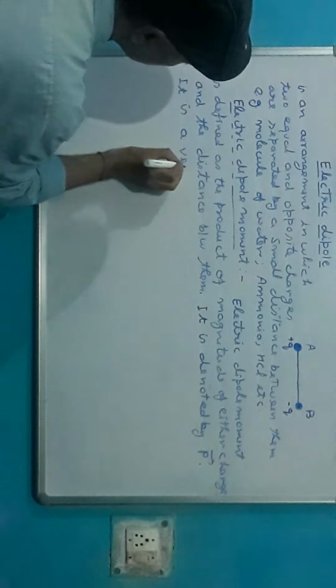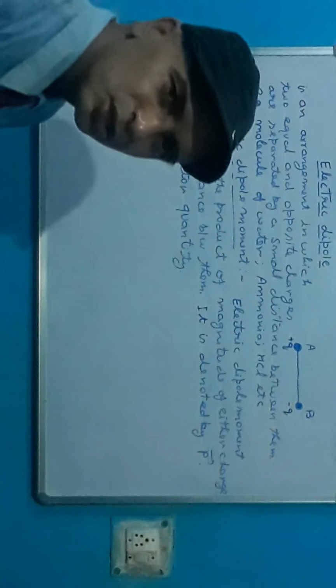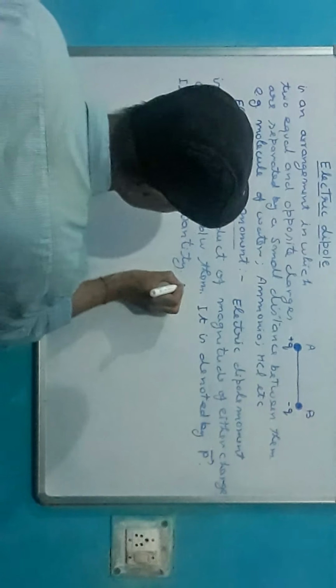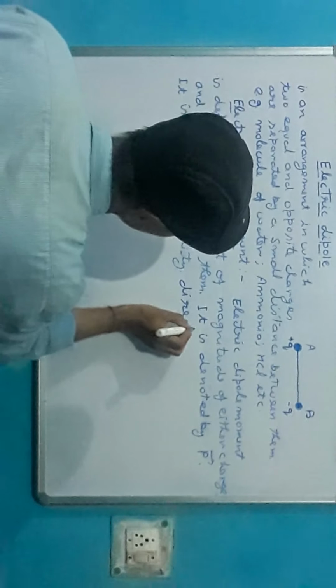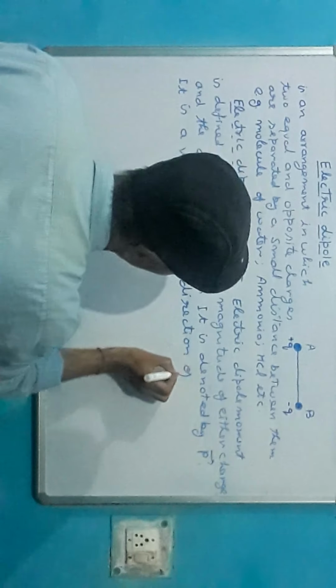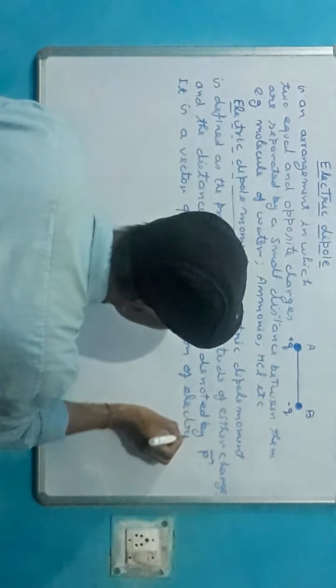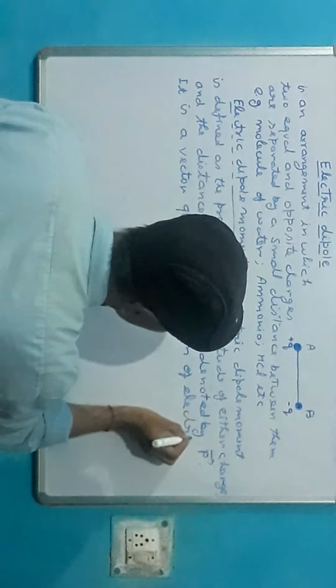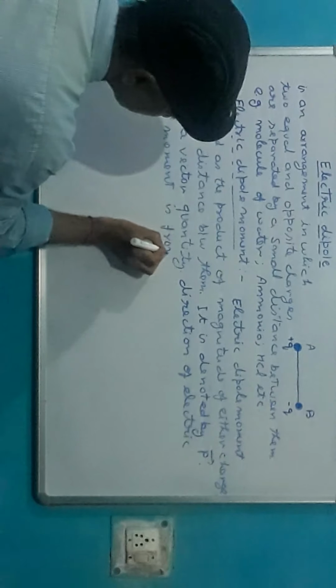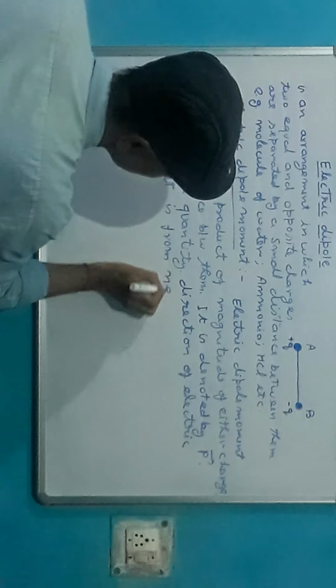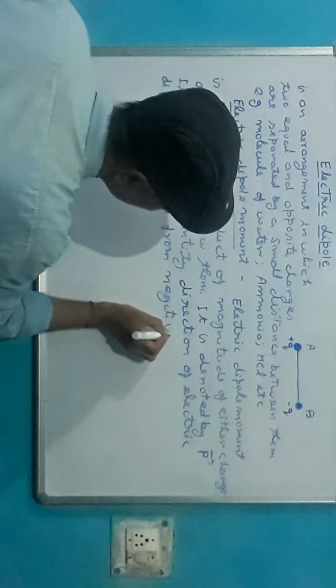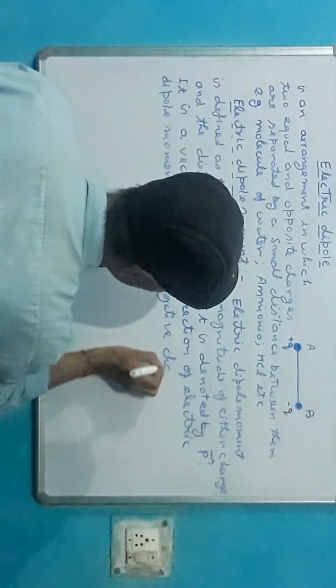And the direction of electric dipole moment, I have to write down what should be the direction of electric dipole moment. The direction of electric dipole moment is from negative charge to positive charge.